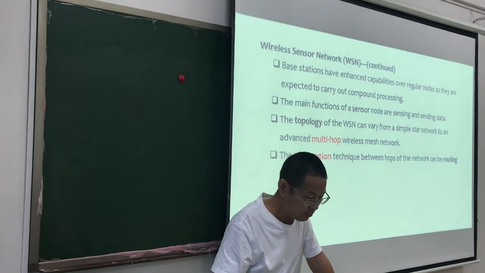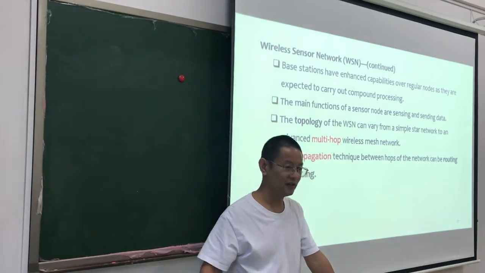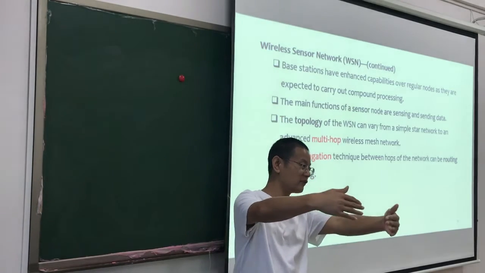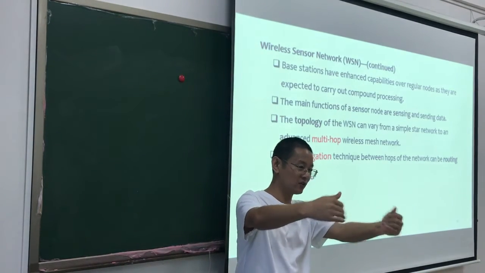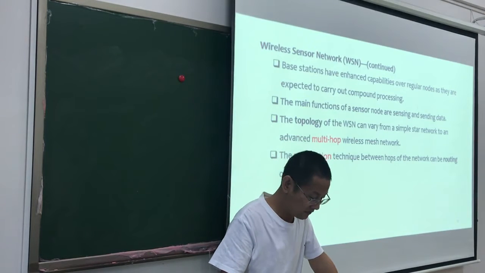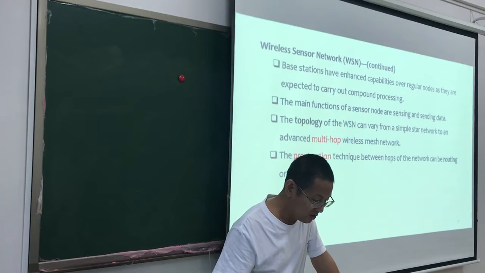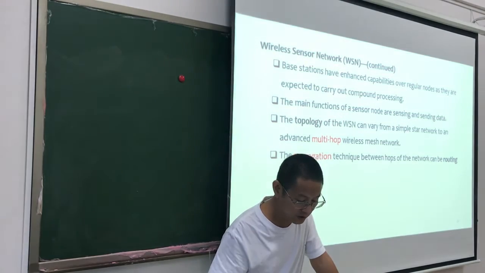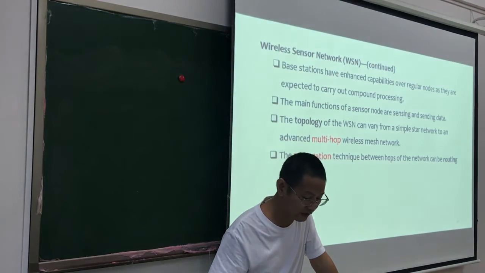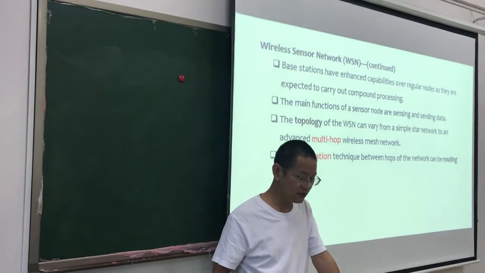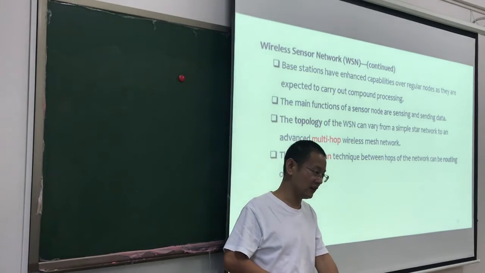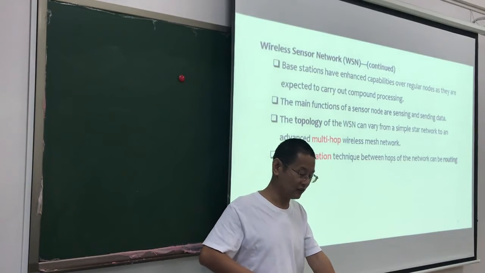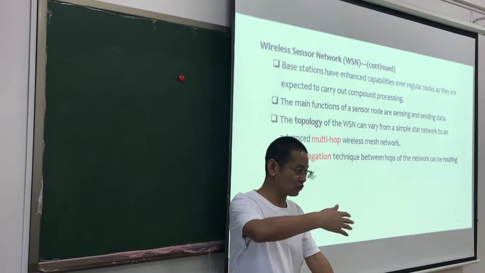Advanced multi-hop wireless means one level, two level sensors. The propagation technology between hops of the network can be routing or flooding. Routing and flooding are internet technologies that tell the information how to go.